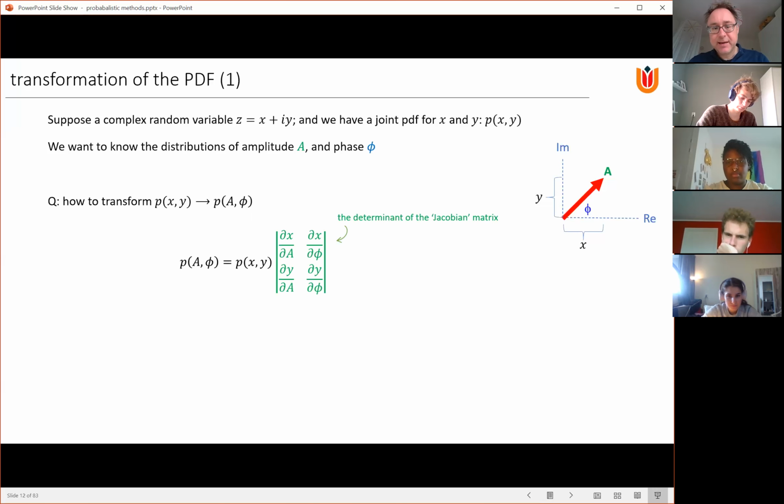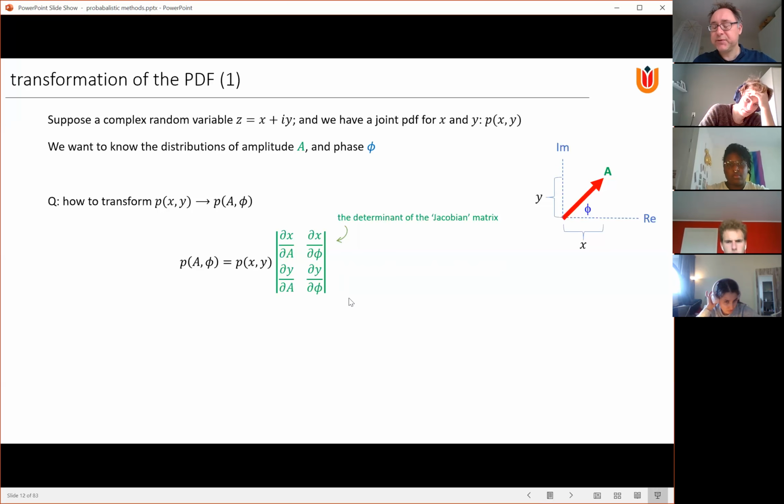That is done by calculating the so-called Jacobian matrix. This is a matrix that has the partial derivatives of the variables in the original distribution with respect to the variables in the domain that you want to calculate. So dx/dA, dx/dφ, and dy/dA, and dy/dφ.